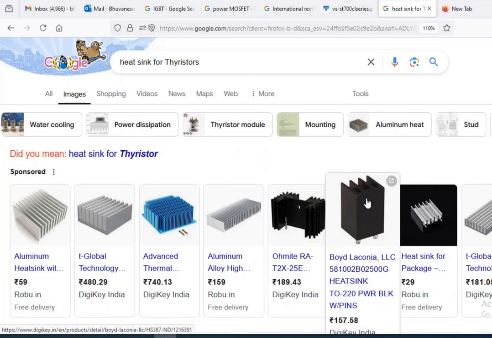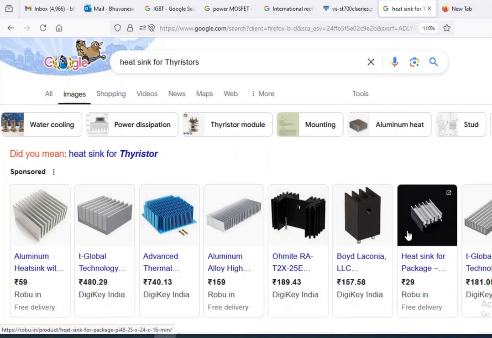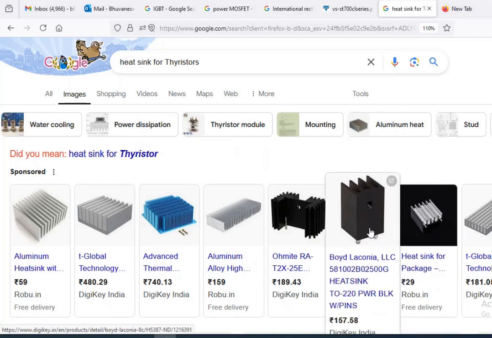And the heat sink has fins here which will make sure that the heat is radiated or flushed out very quickly. So the larger the losses, the bigger will be the heat sink. The size occupied by the circuit will become larger, and also the weight, because the heat sink is generally made up of metal.